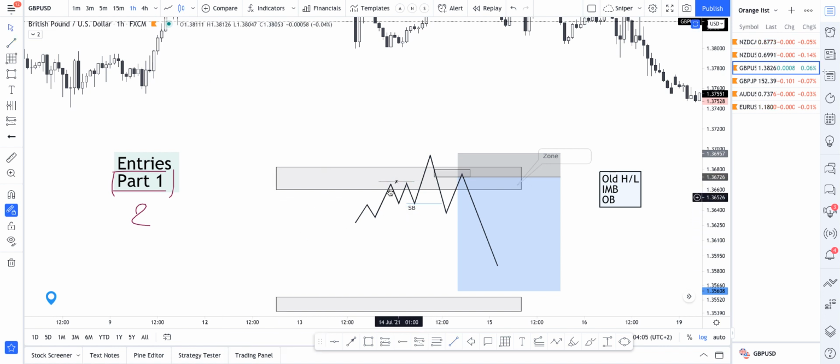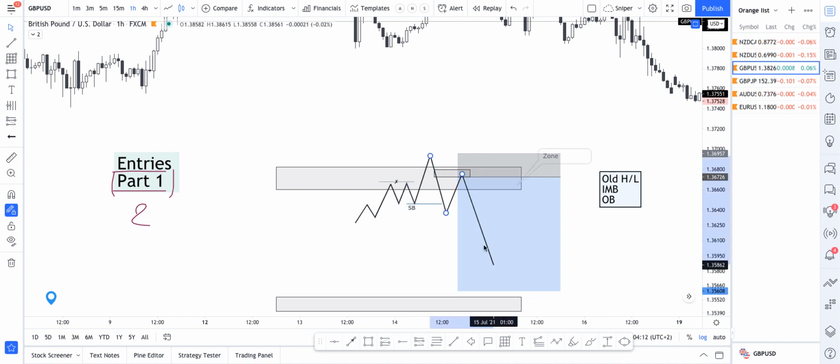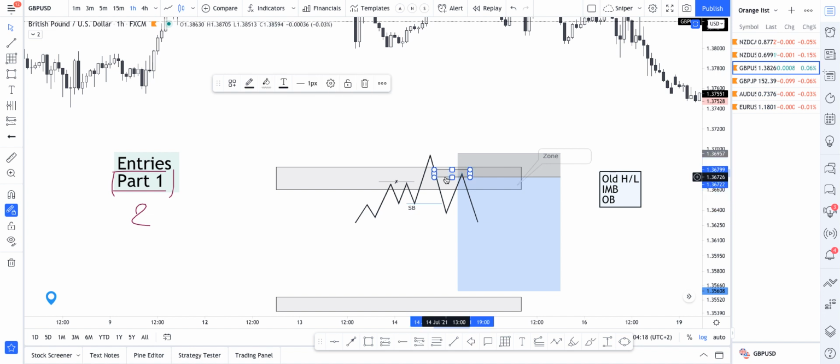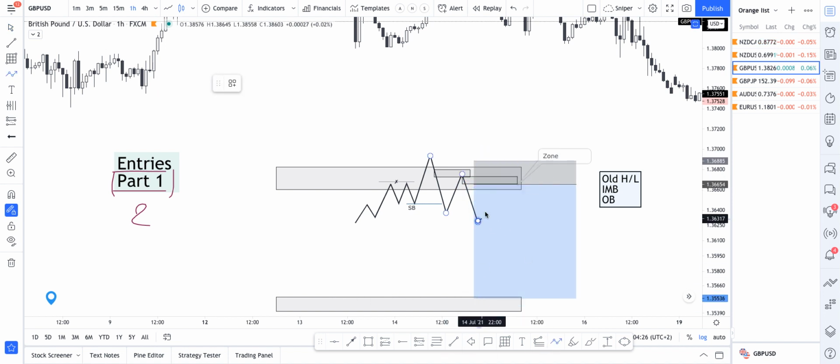Now we can see that we are starting to see a pattern forming, and that is when we execute, when we see this forming. We can even be more conservative, and we can wait for a second return. So there we have a zone, and then price creates a new zone with a new order block, and then we can simply wait for price to return to this zone as a scale in position and take the trade towards the downside.